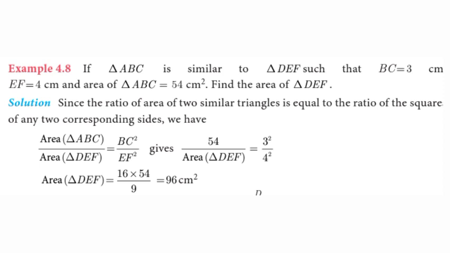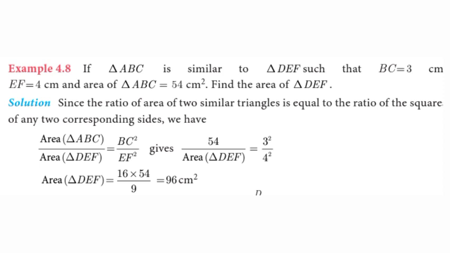We have area of triangle ABC divided by area of triangle DEF equals BC square divided by EF square. Substitute the area of triangle ABC, 54 centimeter square, divided by area of triangle DEF equals BC value 3 square divided by EF value 4 square.